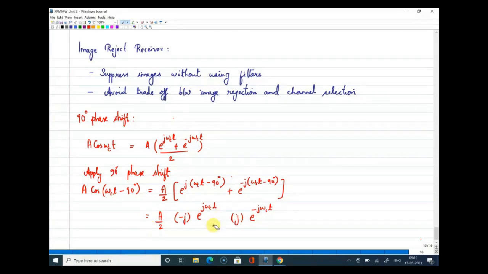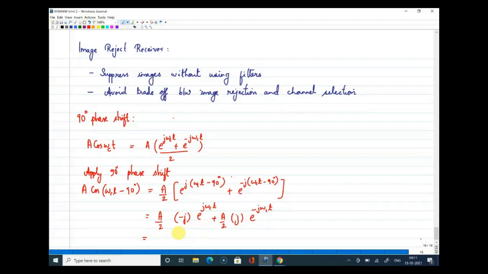Or if I separate even the amplitude, in this form I can write. So what is this, what I have written? This is equal to, if I write in this form, A into minus j e to the power of j omega ct plus j e to the power of minus j omega ct.